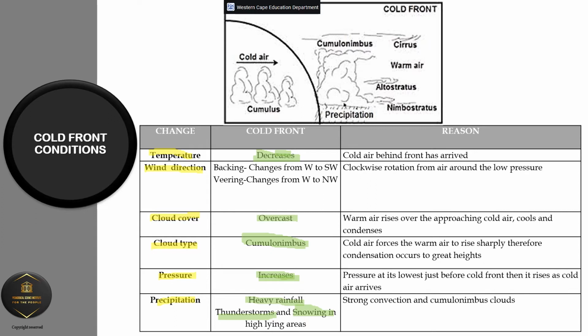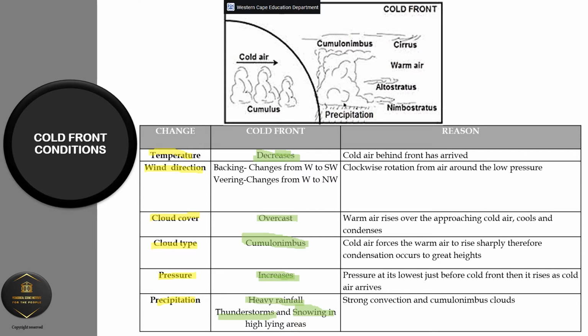Now you may be asked what happens to the wind direction. So the wind direction will change, and why does it change, or how does it change rather? That's what we really care about.